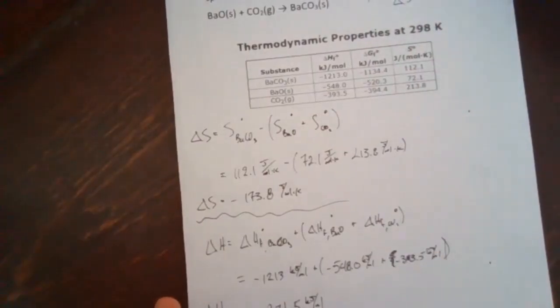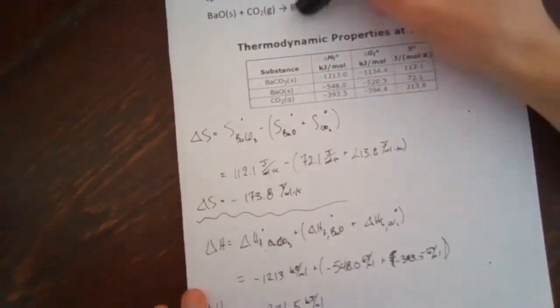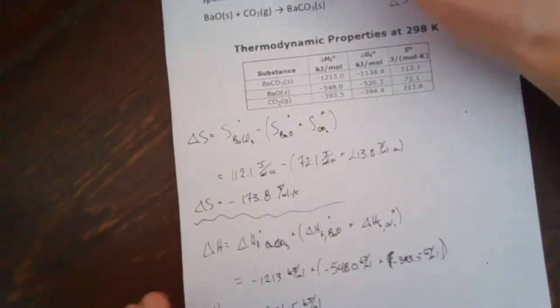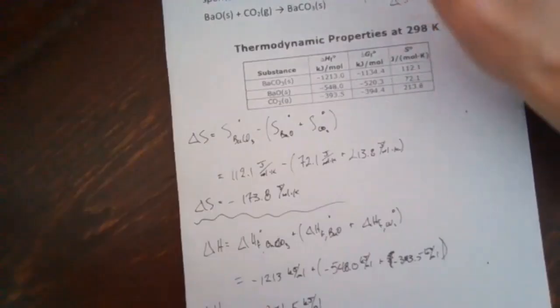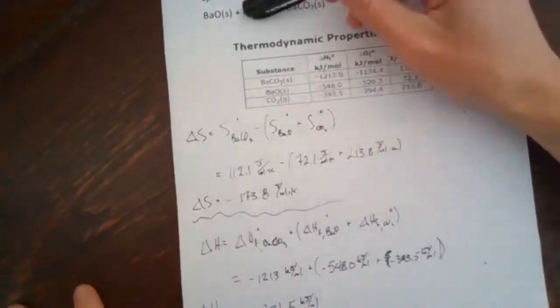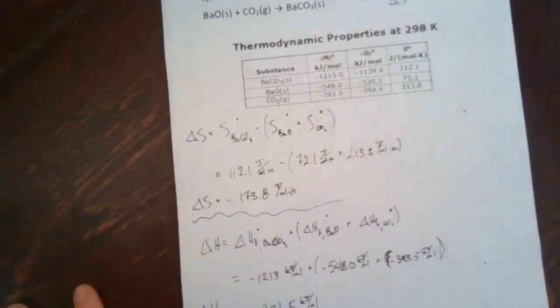Those tend to have strong bonds, so it's not surprising that we got an exothermic reaction here. If you got endothermic on something like this, that's also not crazy. With this one, if we got a positive number here for entropy, that makes no sense. You are getting rid of gas. But all in all, it looks pretty good.